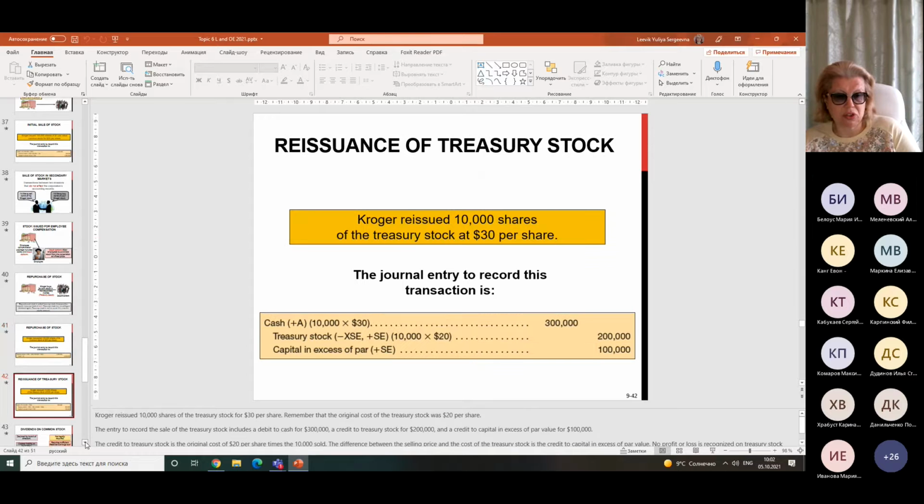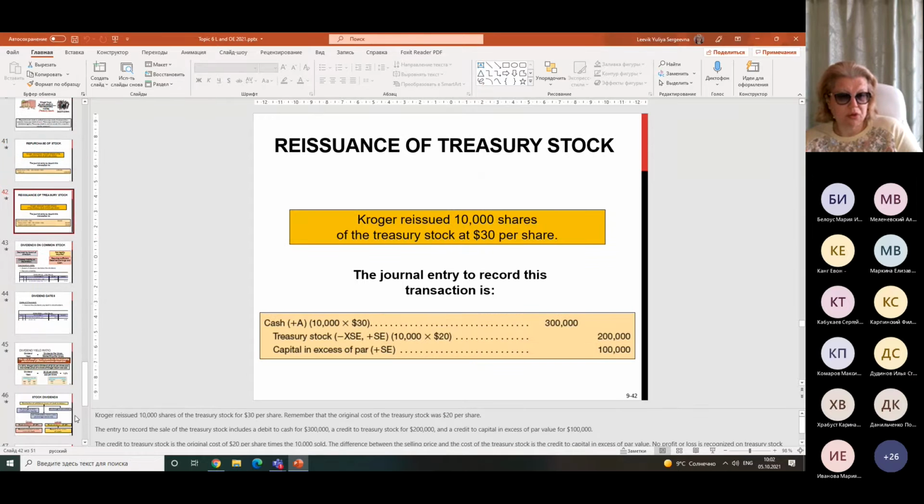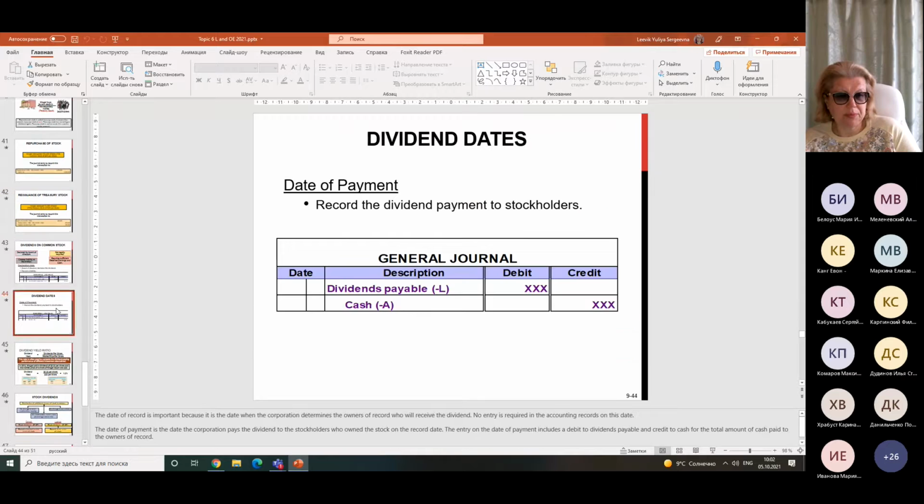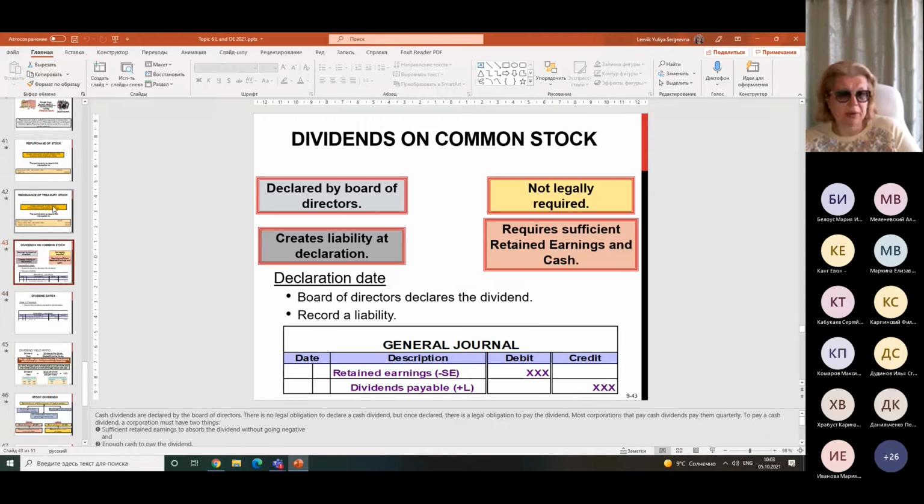This is about preferred stock. And the question about dividends: how to recognize and make records about dividends on common stock. First of all, the main characteristic: dividends on common stock are declared by the board of directors and are not legally required.